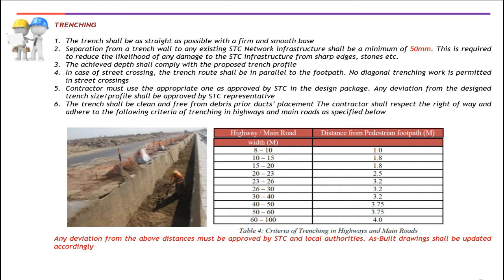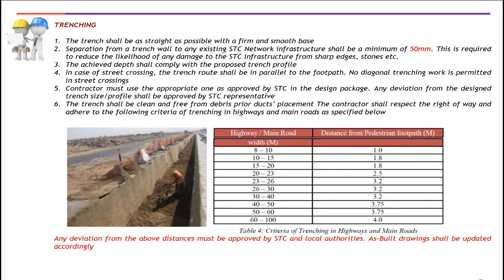If you have a road width of 10 to 15 meters, the trench distance from the footpath must be 1.8 meters. And if you have a 15 to 20 meter road width, your trench from the footpath must be 1.8 meters as well. For a 20 to 23 meter width road, 2.5 meters of trench distance must be observed from the footpath.